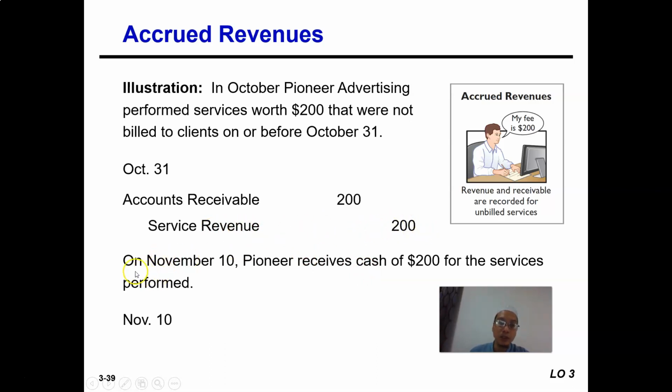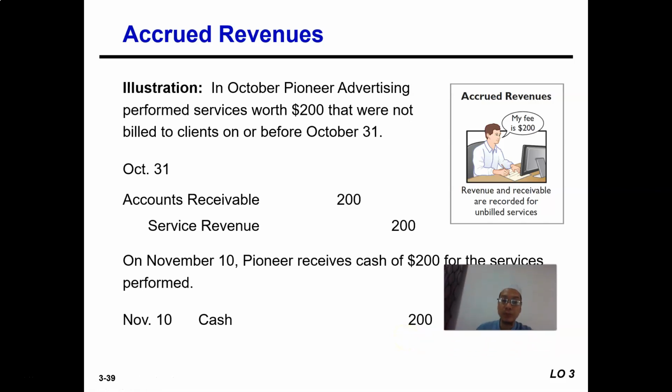Let's say on October 10, Pioneer receives cash for the service performed. We debit cash $200. But because we have received cash for the service rendered, we no longer expect to get the $200, so we need to reduce our accounts receivable.